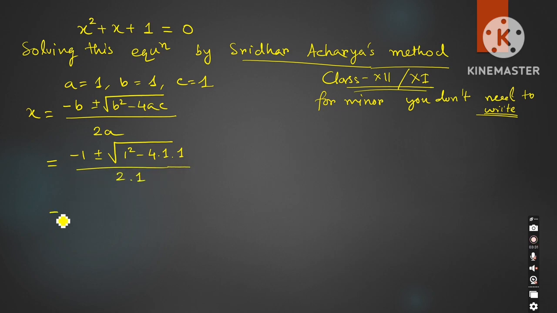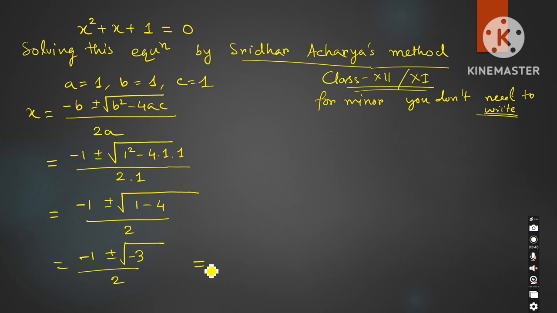Therefore minus 1 plus minus root over 1 minus 4 divided by 2, or minus 1 plus minus root over minus 3 divided by 2, which is minus 1 plus minus root 3 into i, or iota, divided by 2.